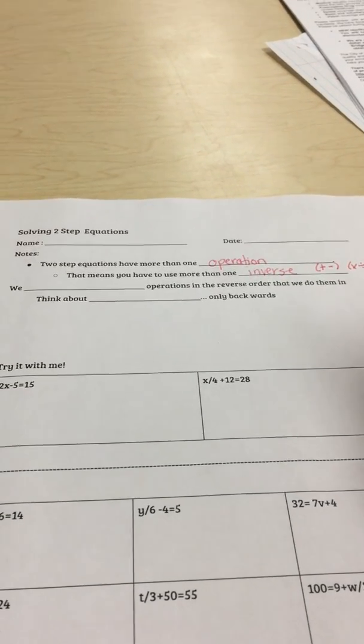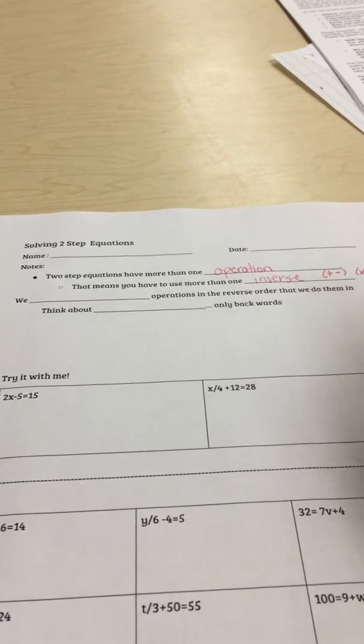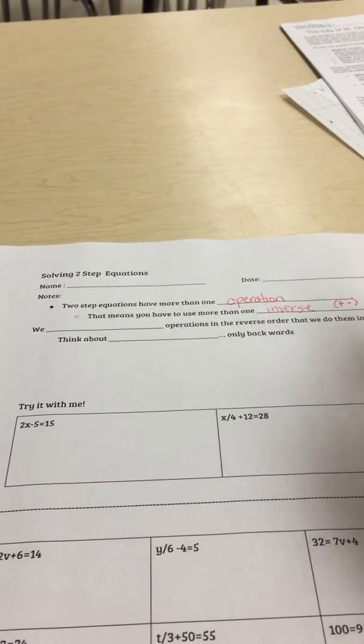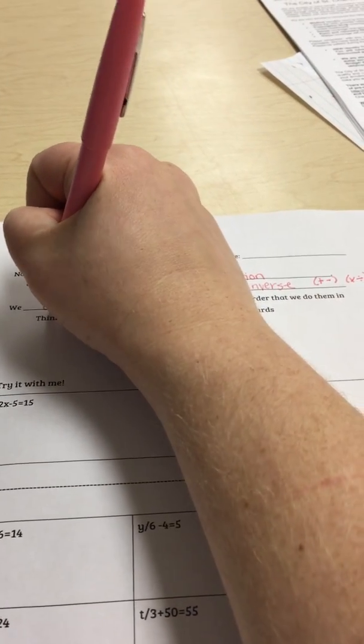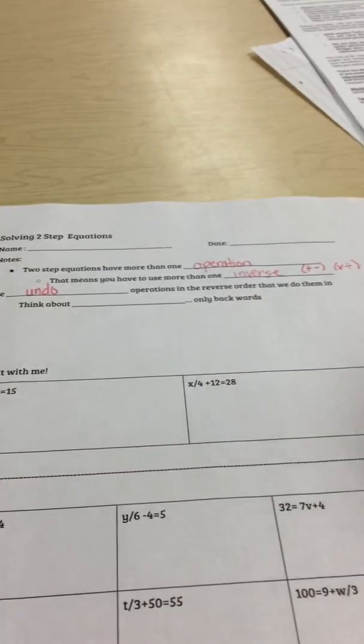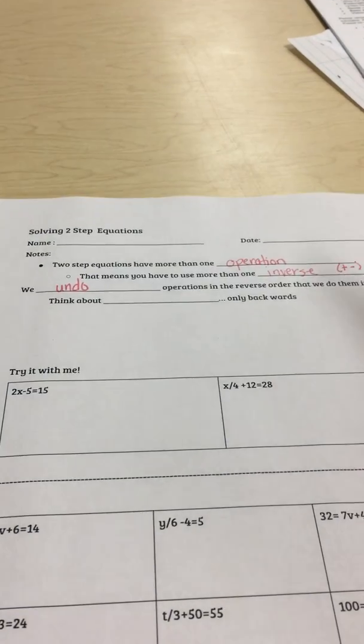Okay. Now, the confusing part when you're solving two-step equations is the way that you undo operations. And remember, we undo operations because we want to get the variable by itself. So we have to undo everything else on that side.